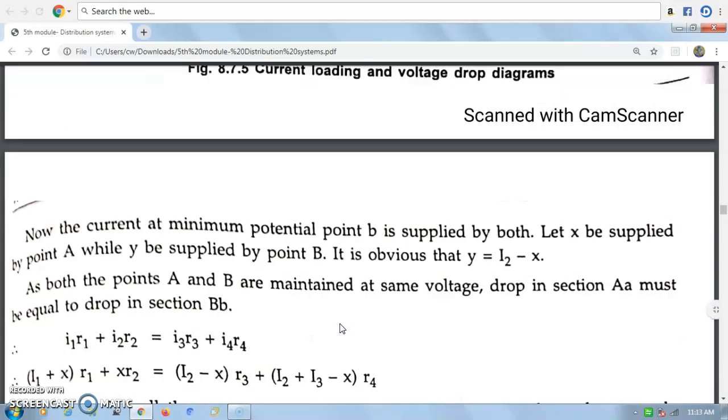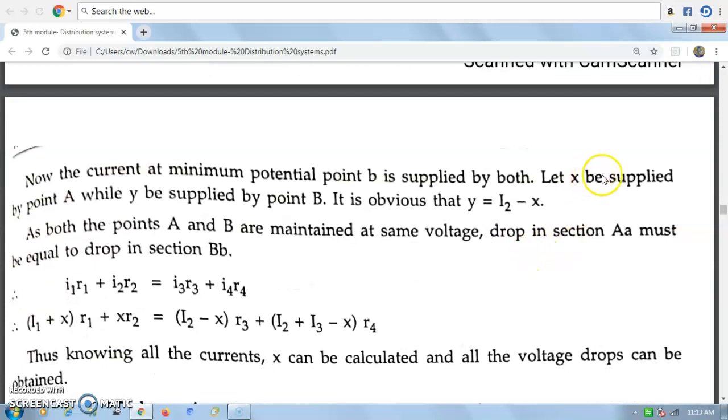Now the current at the minimum potential point b is supplied by both ends A and B. X is supplied by point A, while Y is supplied by point B. Therefore, I take X from A, Y from B, so that Y is equal to I2 minus X. Both ends A and B are maintained at the same voltage, hence both side drops are equal, so that I1R1 plus I2R2 is equal to I3R3 plus I4R4.